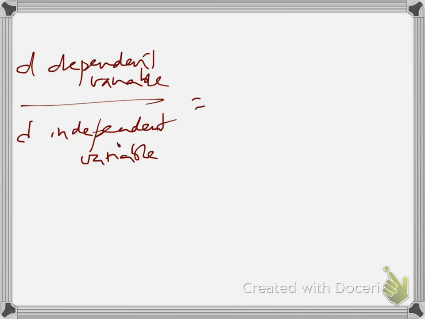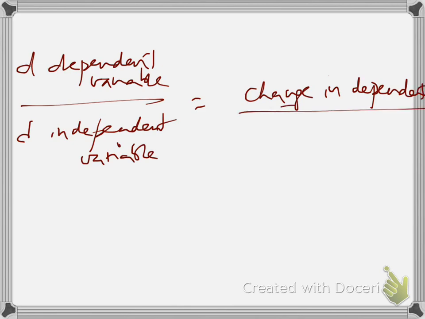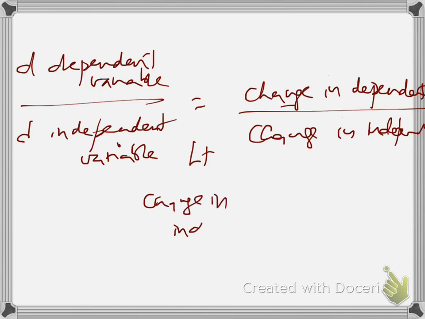It is defined as the change in dependent by the change in independent variable, with some limit. What is the limit? The change in independent, sorry, the denominator, going to 0. So this is the definition of the rate of change of dependent with respect to independent. You always find the dependent variable's rate of change with respect to the independent.